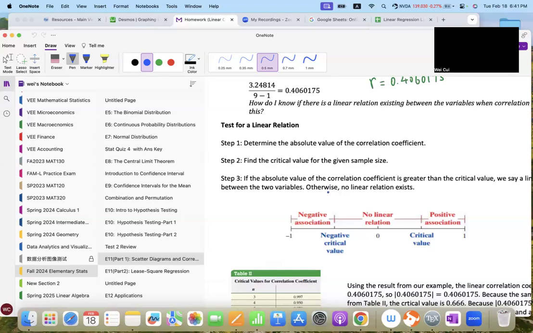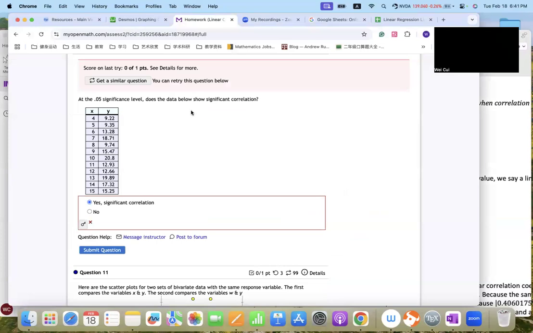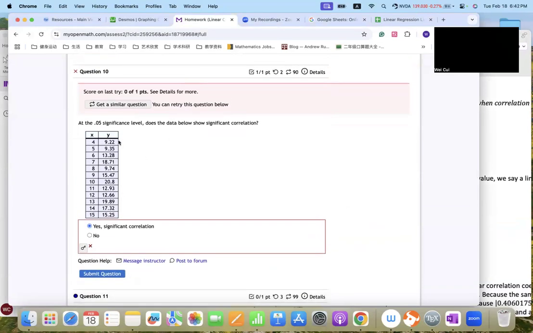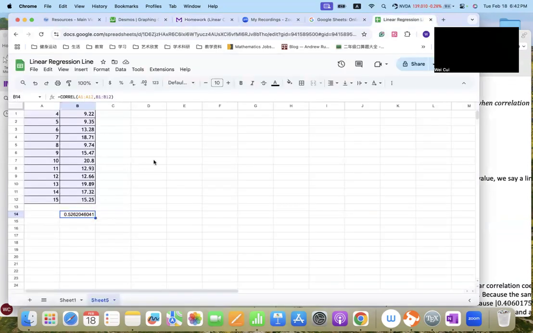So now I want to show you how to find this critical value. I'm going to use one of the questions from the homework as my example. First of all, I copy this data to the Google Sheet.